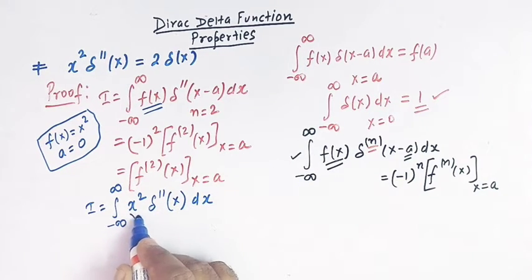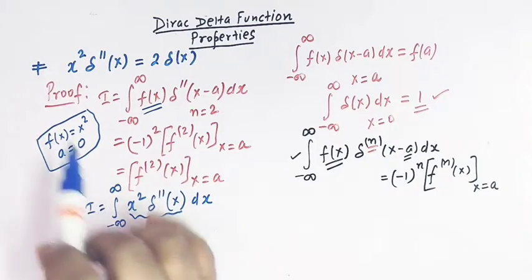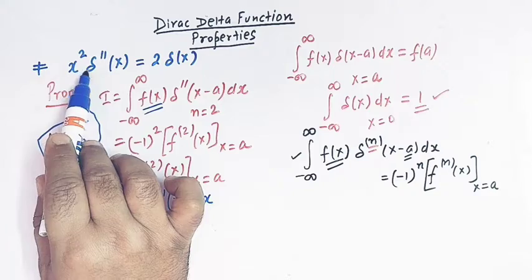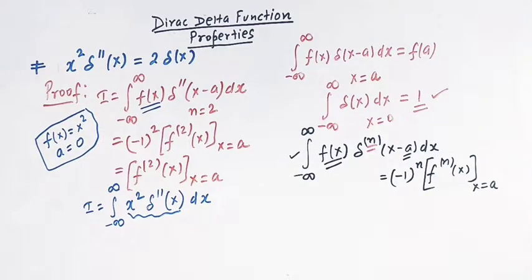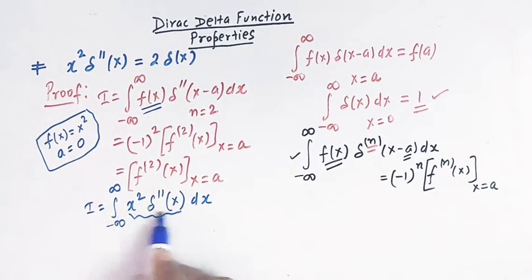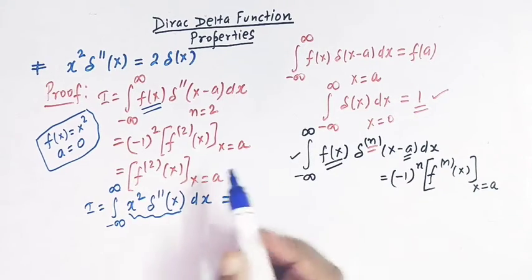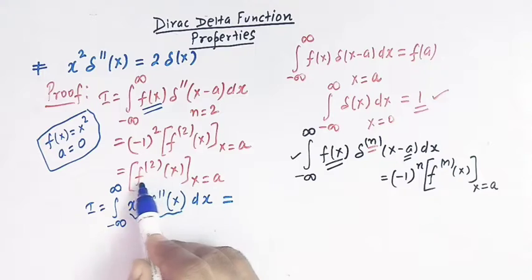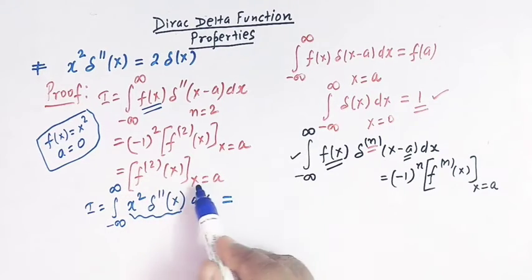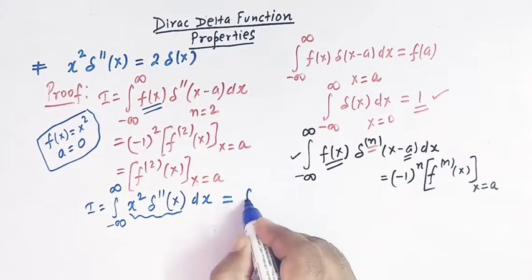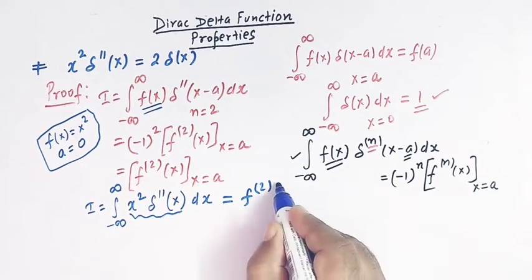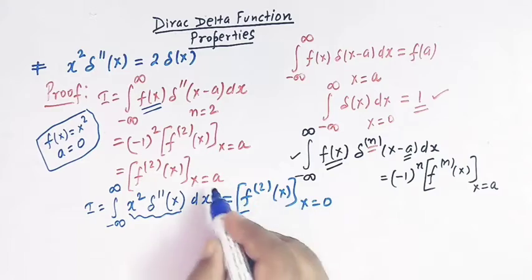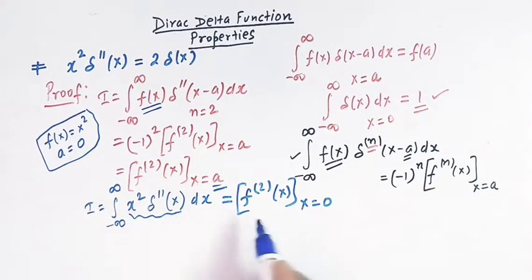So now we have the term x² times the second derivative of the Dirac delta function, and this expression is equal to the second derivative of f of x at x is equal to 0, that is, the second derivative of x² at x is equal to 0, because a is equal to 0.